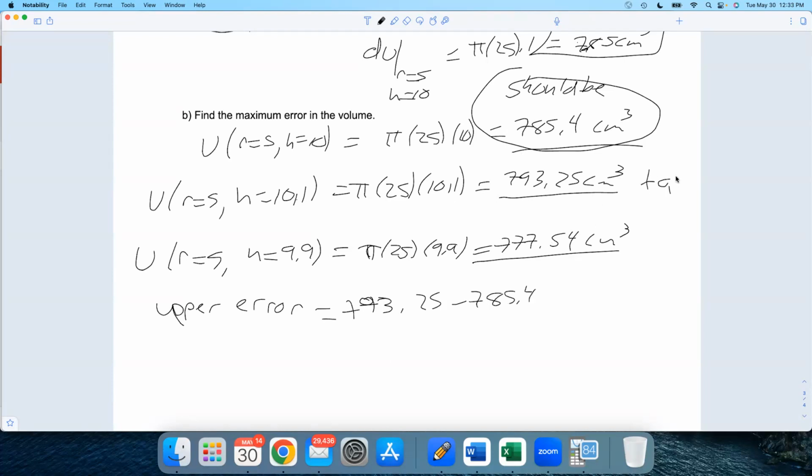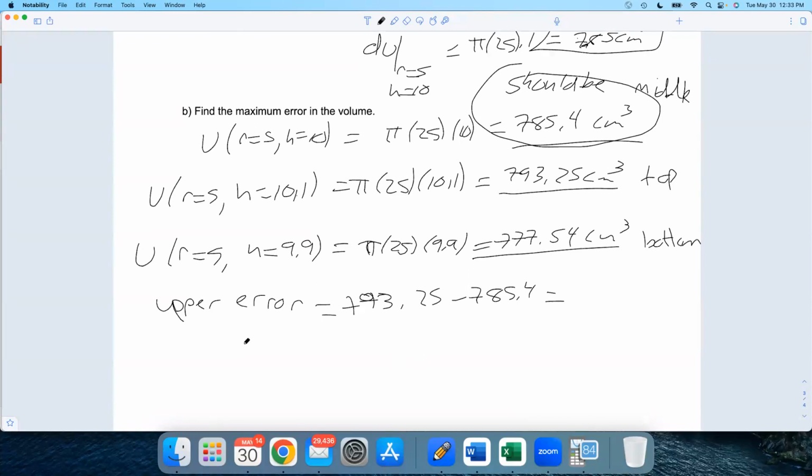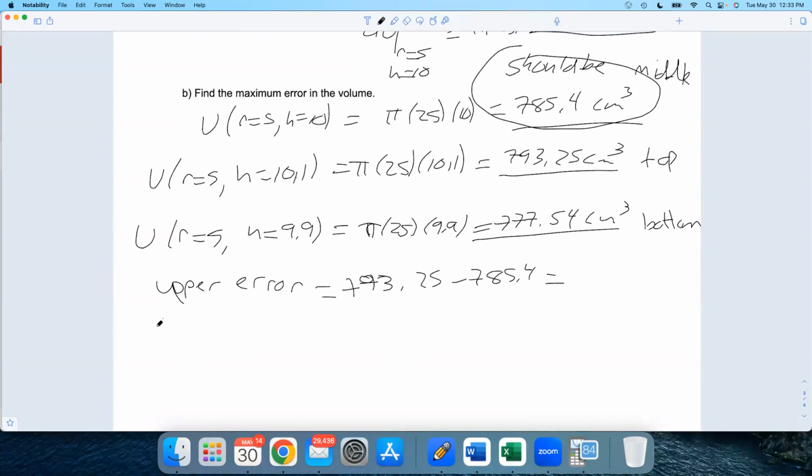So this is top, this is bottom, and this one's right in the middle. It's what it should be. That's the highest it would be. That's the lowest it would be. That error would be, let me write these both out and then we'll calculate them. And then the bottom error would be the one in the middle minus the number on the bottom.